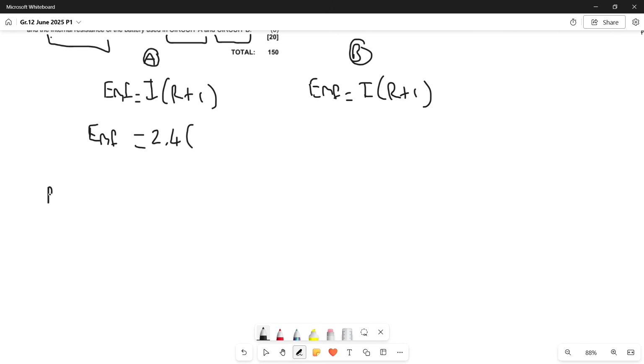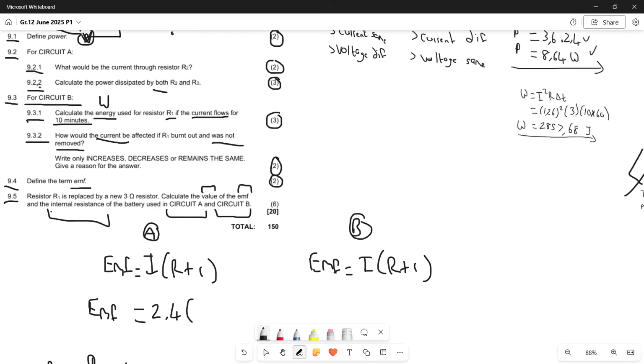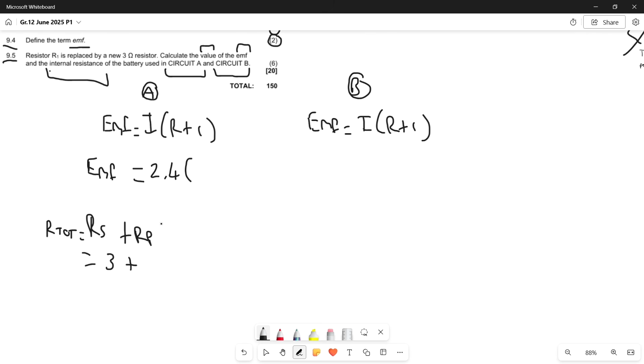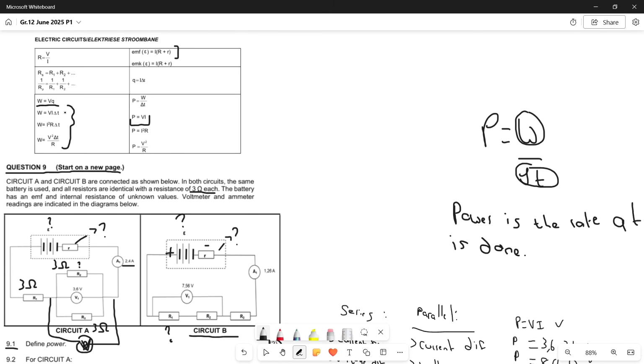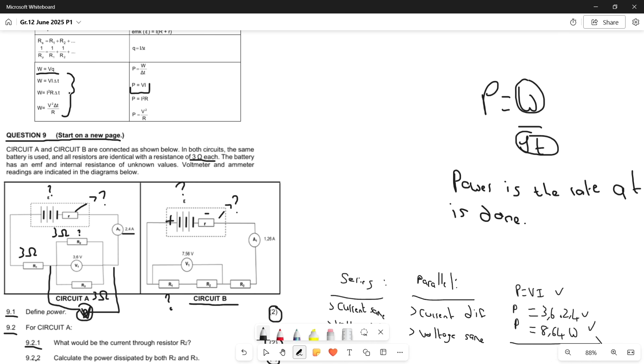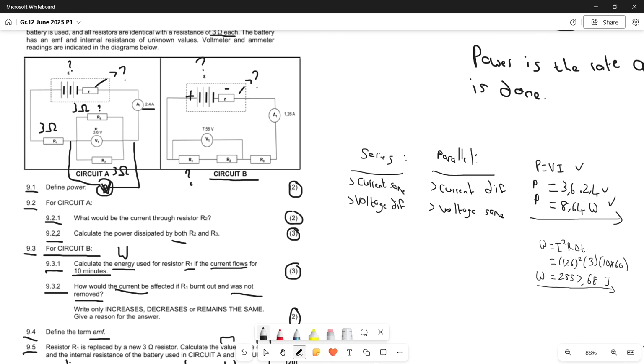So that means our R tot over there equals RS plus RP. And then our RS over here was our 3 ohm resistor, and our effective resistance in parallel we have to calculate first. So we're going to use this formula up here, 1 over RP equals 1 over R1 plus 1 over R2, so that we can figure out these 2 guys and their effective resistance for this parallel branch.